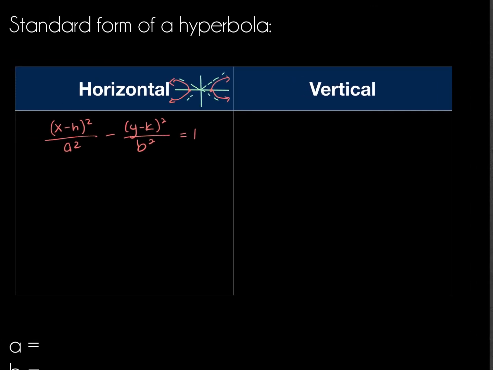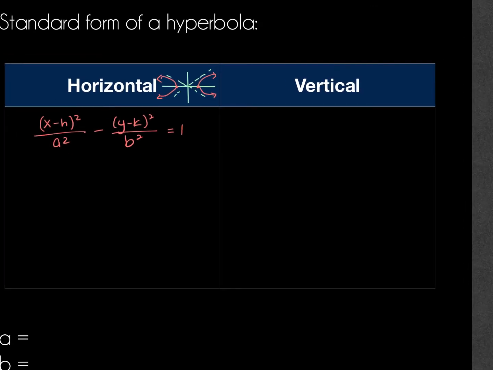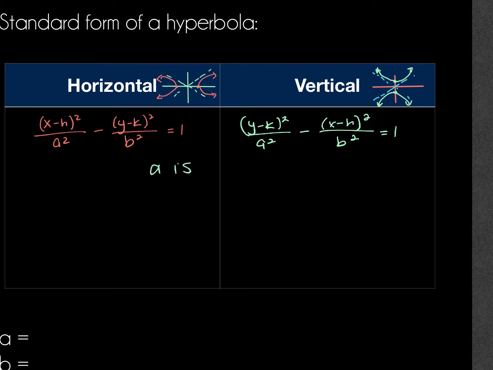For vertical, it's the reverse. So again, different from ellipse, the a is first this time.